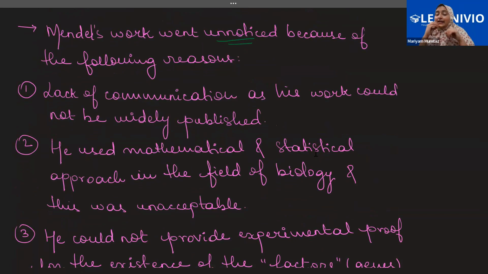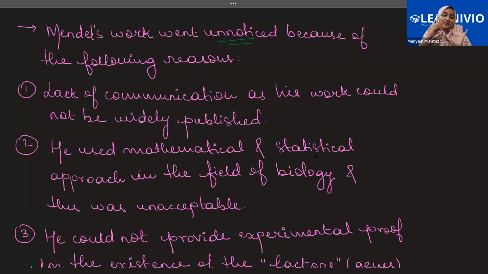Secondly, we know that he was the first person to actually use mathematics and statistical knowledge in biology. Now, for us biology people, we do not like maths as it is, right? That is why we choose biology, because almost all of us suffer from maths a lot.